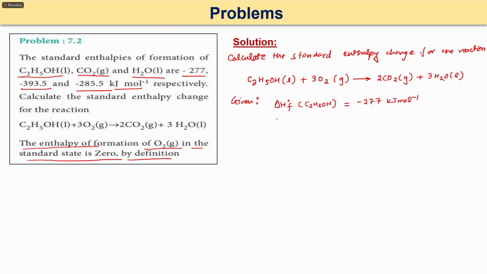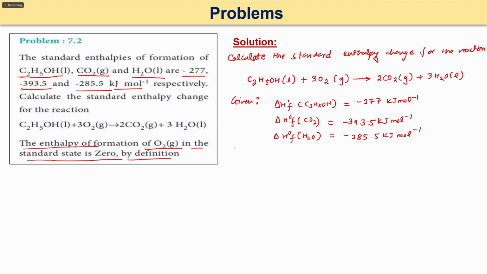Next, delta H naught f of CO2 is given, which is equal to minus 393.5 kilojoule per mole. And next, they have given the standard enthalpy of formation of water as minus 285.5 kilojoule per mole.